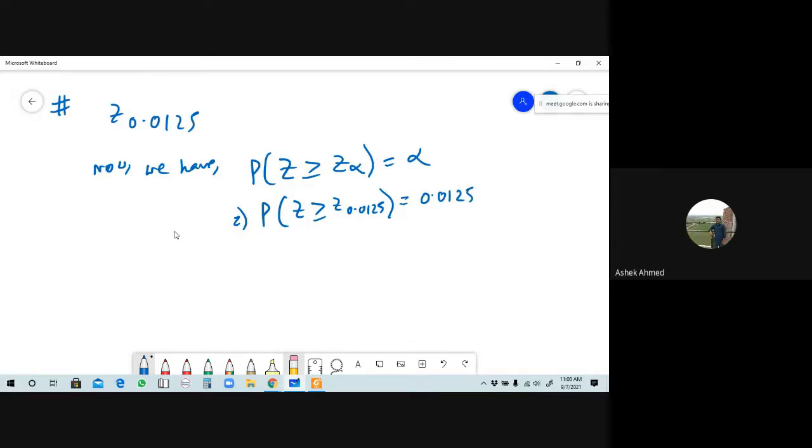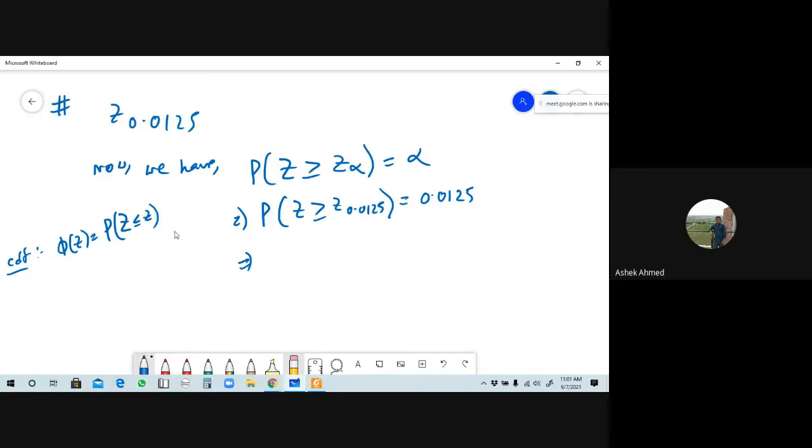How can you determine this left side value? For determining this value, you know the CDF, can you remember, phi of z equals the probability of capital Z less than or equal to small z?